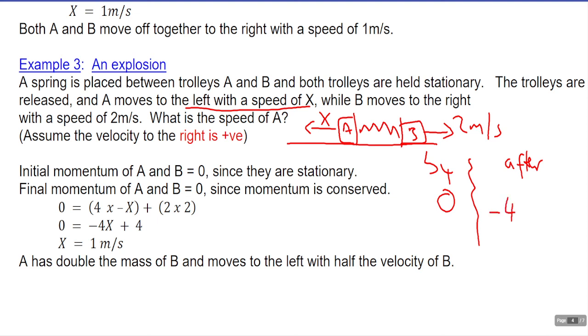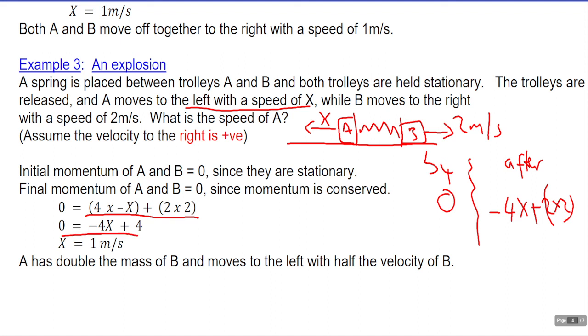So it's going to be negative 4x plus the momentum of B, which is to the right, which is positive. So 2 times 2. So which means minus 4x plus 4 is equal to 0.